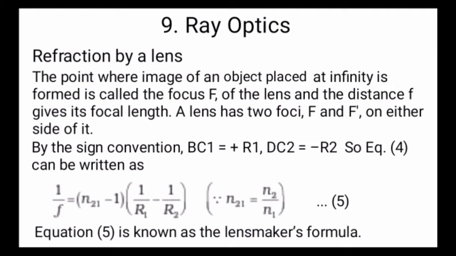So equation 4 can be written as 1 upon f is equal to n21 minus 1 into 1 upon R1 minus 1 upon R2. We know that n21, the refractive index of medium 2 with respect to medium 1, can be written as n21 is equal to n2 upon n1. This is equation number 5. Equation 5 is known as the lens maker formula.